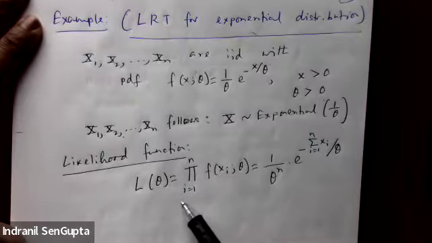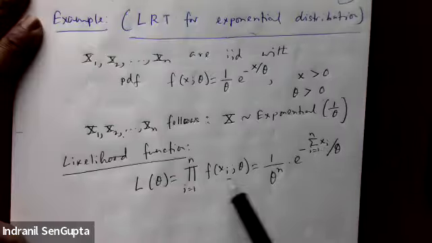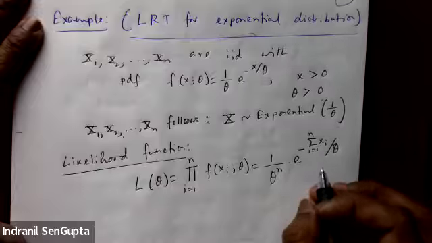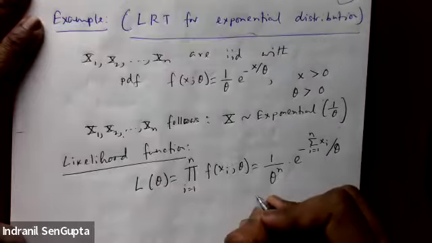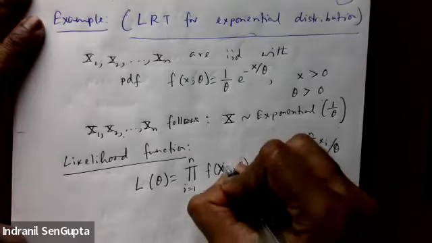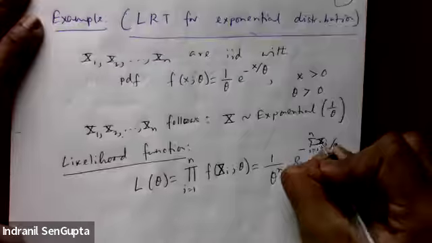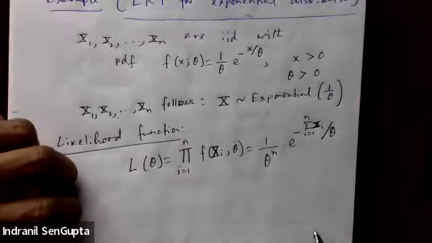So again, it depends on how I'm writing this. I'm just thinking of this as a realization, but of course you can write this as capital X as well. Now let's write this with the capital Xi, in terms of the random variable Xi.